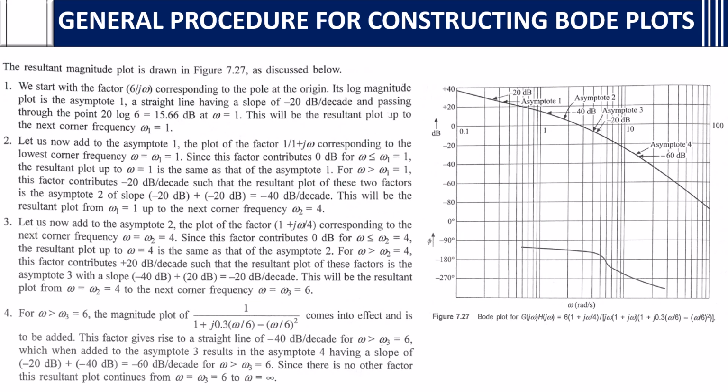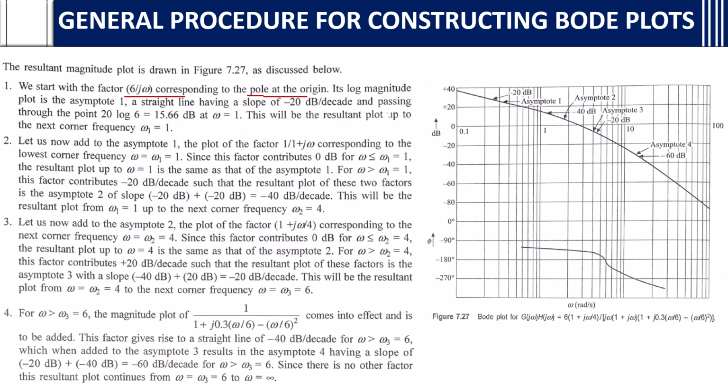Then the resultant magnitude plot is shown in figure 7.27. If you see here, we start with a factor K by j omega corresponding to the pole at the origin.